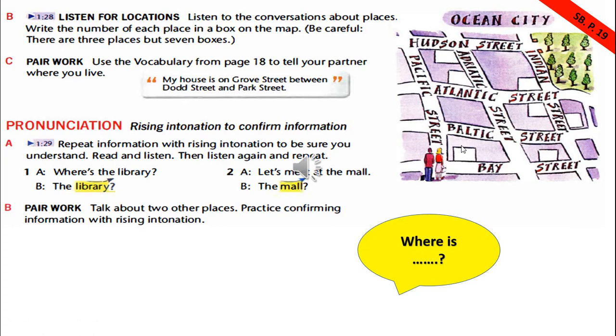So we need to listen carefully, and while you are listening try to focus on the names of the streets, like Hudson Street, Pacific Street, Atlantic Street, Bay Street. Are you ready to listen? Let's start.